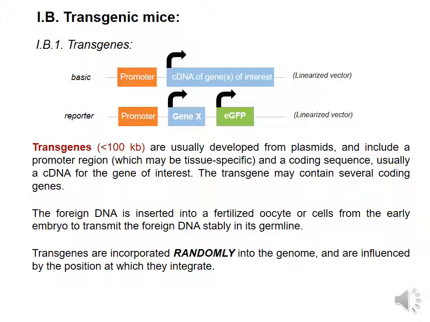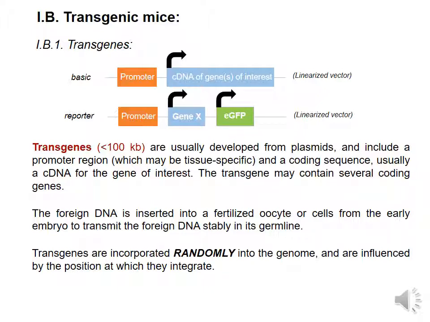Transgenes are usually about 100 kilobases or less, and they're developed from plasmids and include a promoter region, which may be tissue specific, and a coding sequence that could be the cDNA of a gene of interest. The transgene may also contain several coding genes, such as in this case, in which we have our gene of interest and an additional gene that can be used as a reporter.